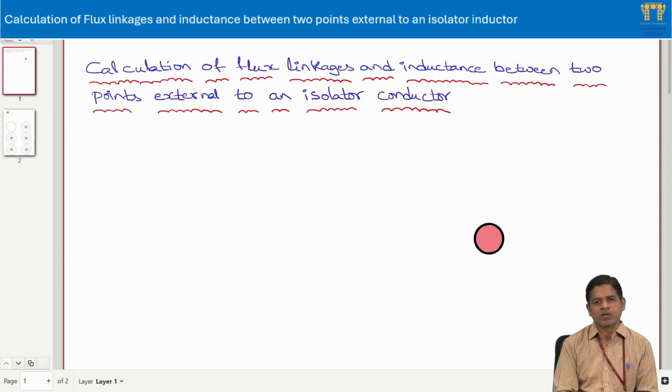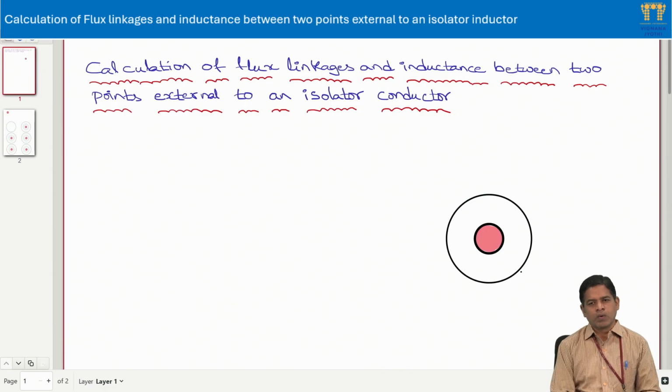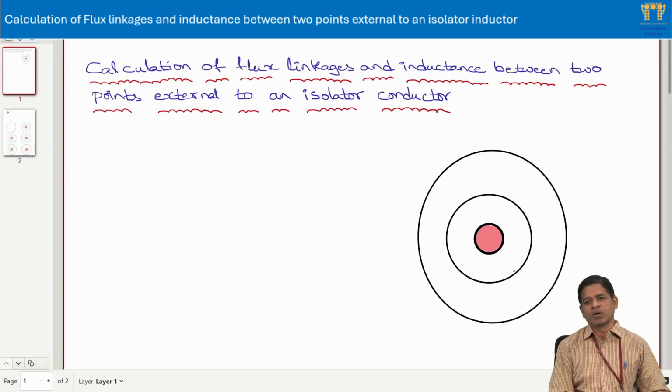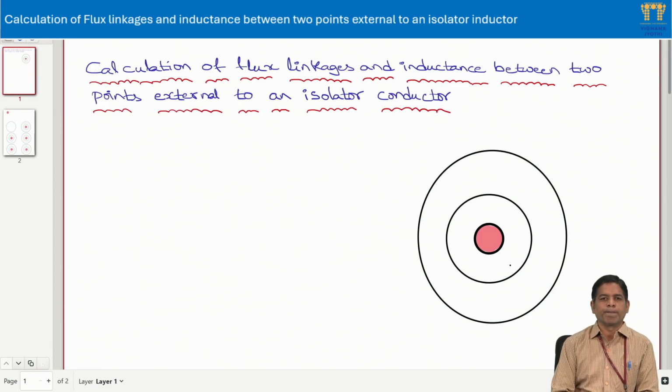So let us consider 2 flux lines which are concentric in nature and they are external to the conductor. So let this be one flux line. Let this be another flux line. So both these flux lines are concentric in nature.